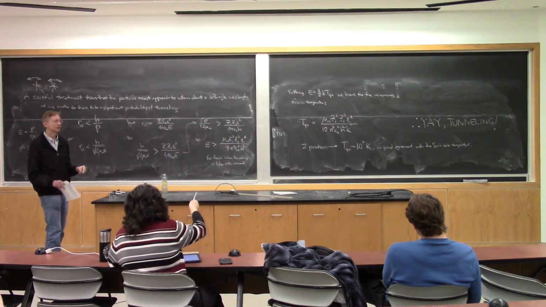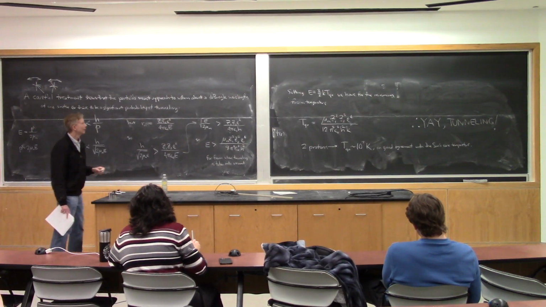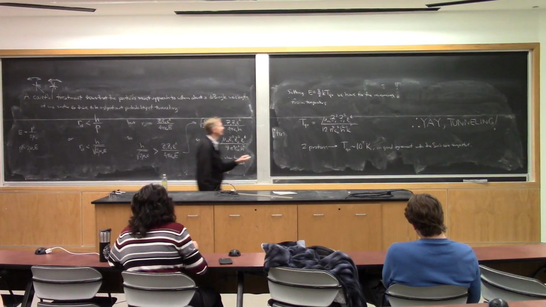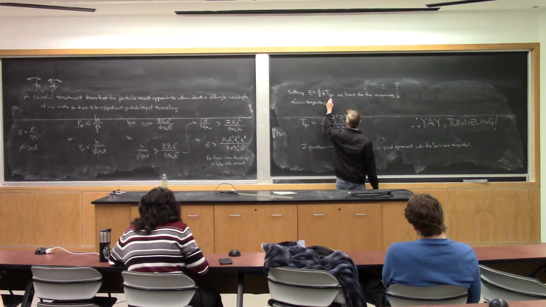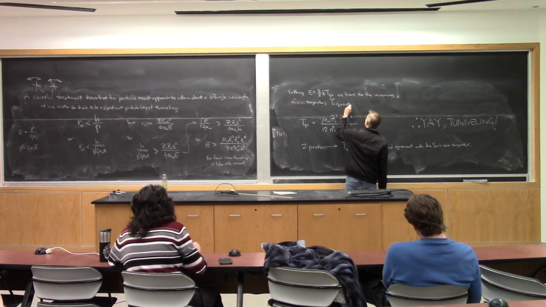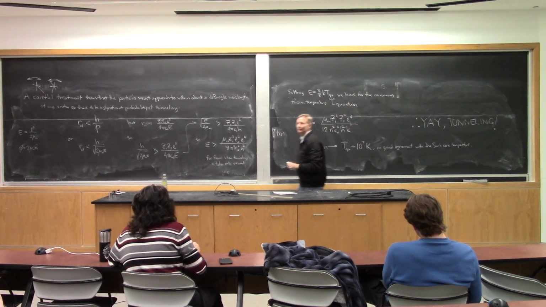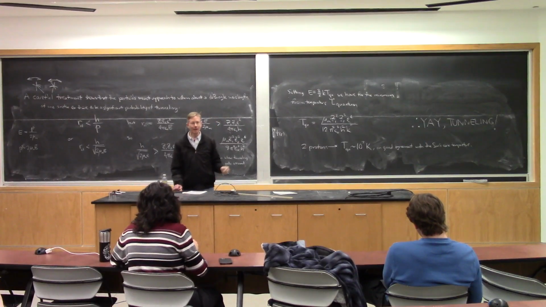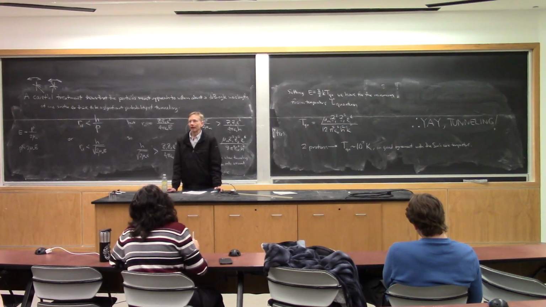Yes? Just what's T sub QU? Oh, quantum. In other words, T sub Cl is the classical temperature needed for fusion, and that was like 1,000 times larger than this.